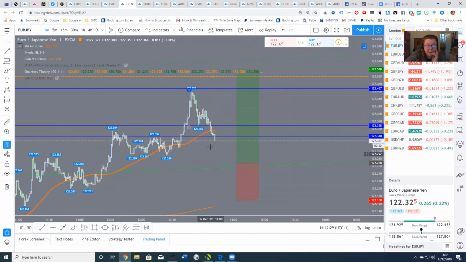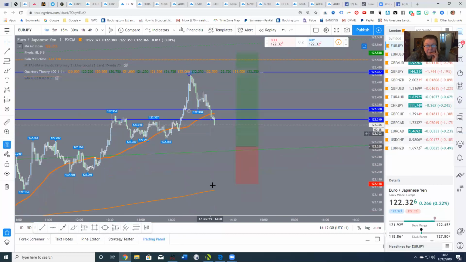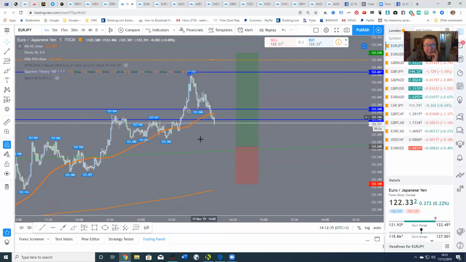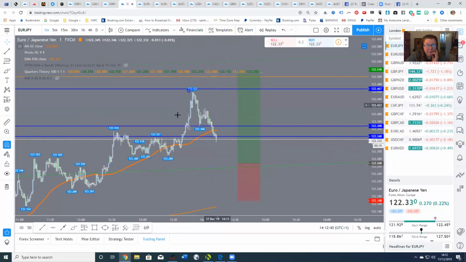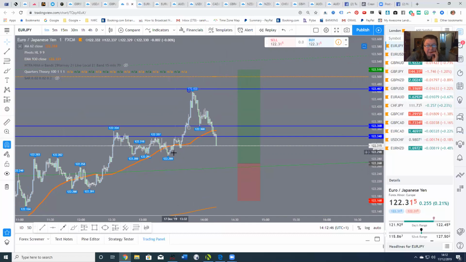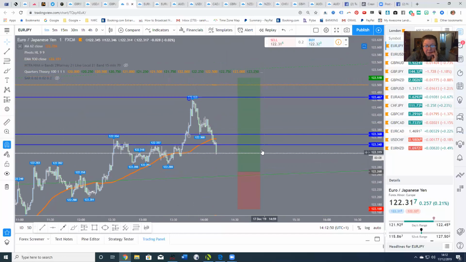So what's it doing now? Well, the other thing I liked about it was you've still got a good gap between the 15-minute and the 62. It has formed a new high up there and a higher low. So it still looks to me like it's in an upward trend.